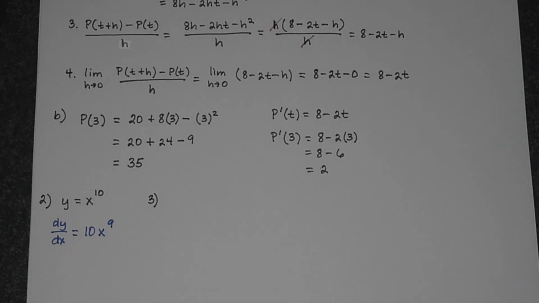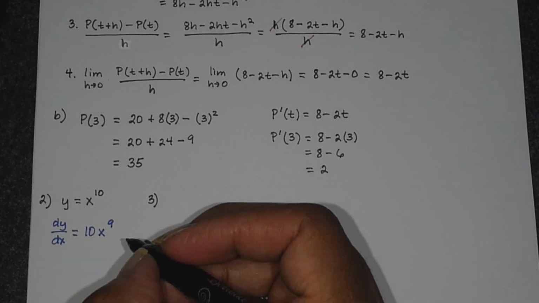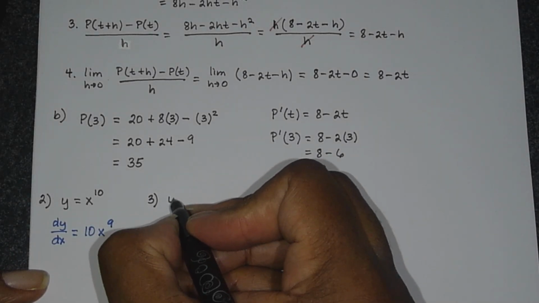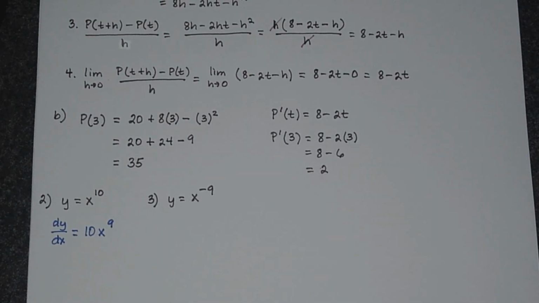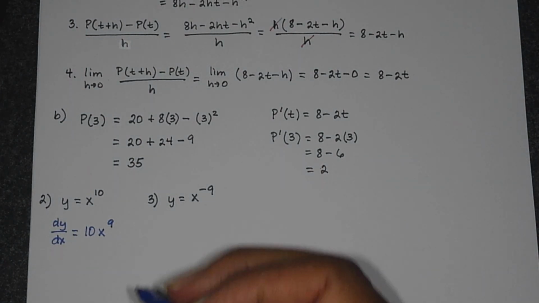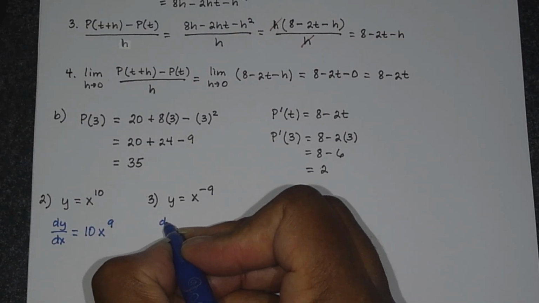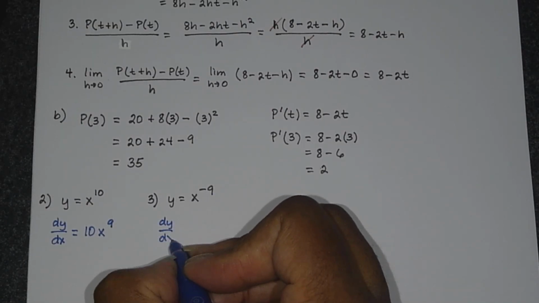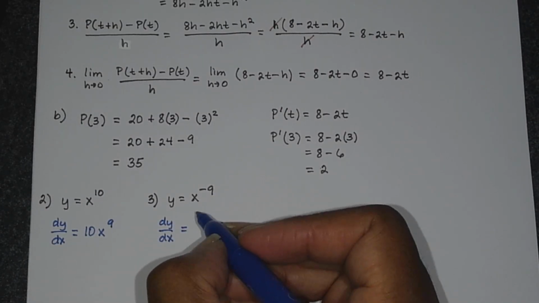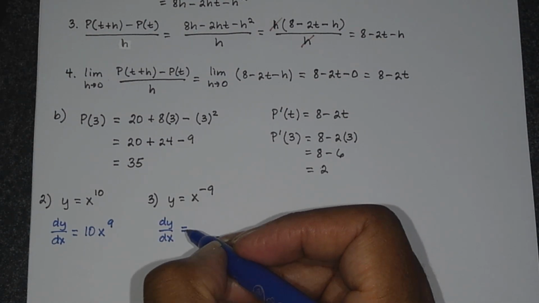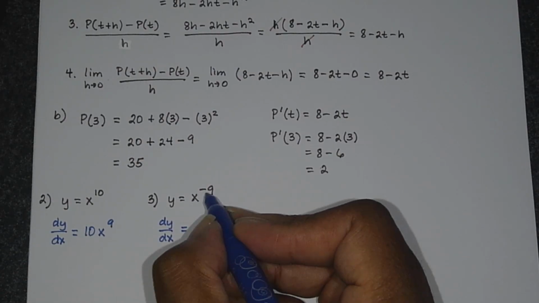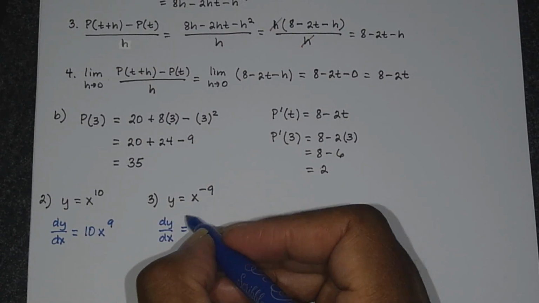All right, number 3. Let's say I want to find dy dx for, in this case, y is equal to x to the negative 9 power. And here dy dx, the derivative here would bring the negative 9 down.